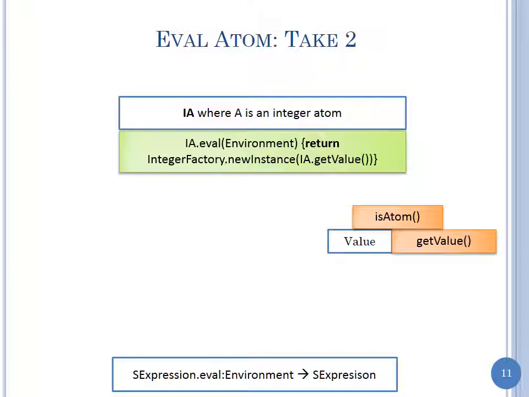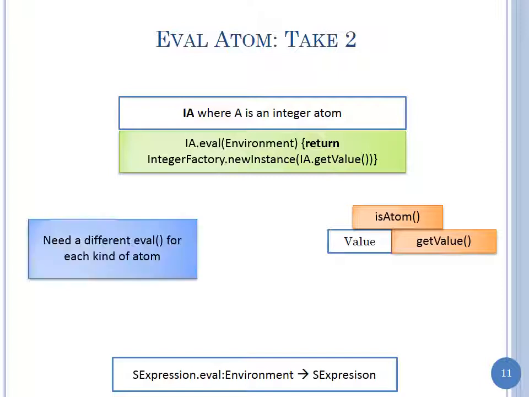And we now have to do something different for each kind of atom. For an integer atom, we have to call an integer expression factory. For a double atom, we have to create a double expression factory. And we have to do integer factory new instance A dot get value. Assuming A is not an identifier, I should have mentioned that. So we need a different eval for each kind of atom.